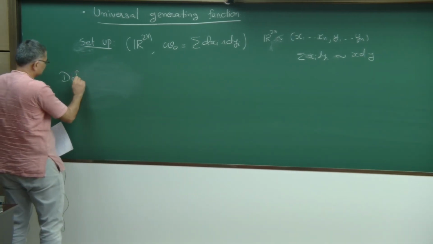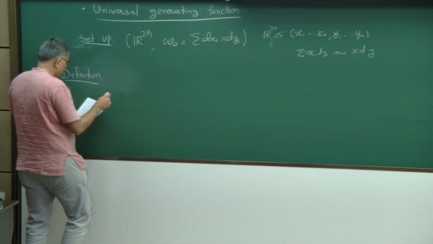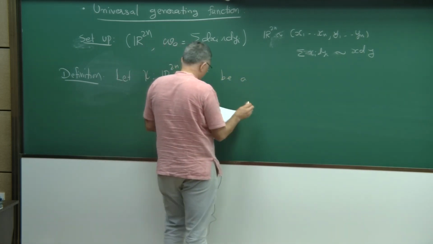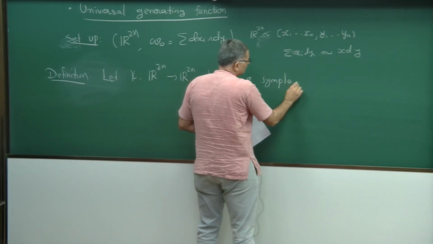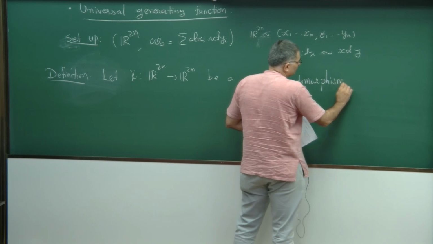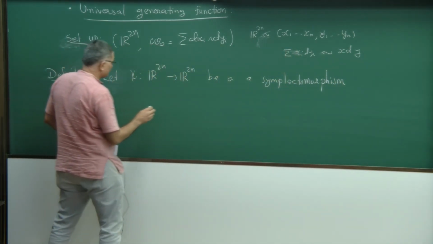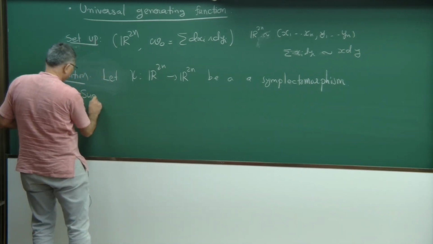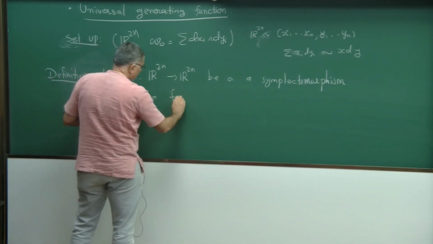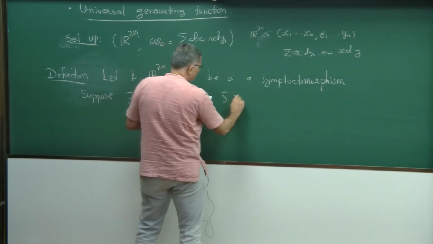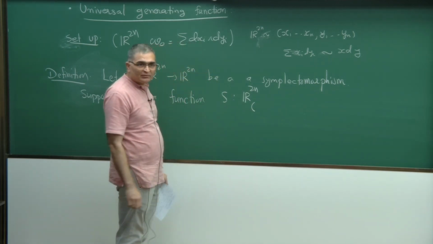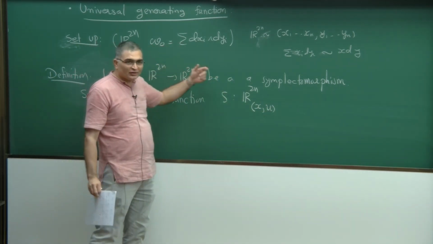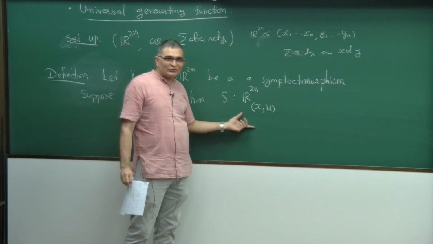Let me first define. Let psi be a symplectomorphism and suppose there exists a function S from R2n, but now for this R2n on which I am defining a function, I will give a coordinate x comma u, because you have seen that whenever Yasha is doing a generating function, there is some coordinate transformation involved.